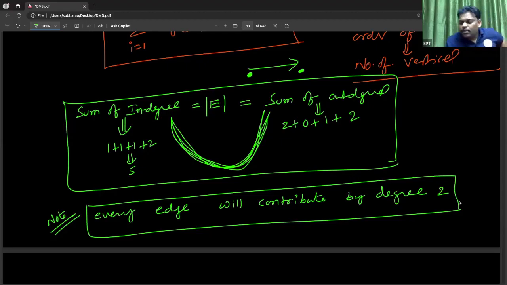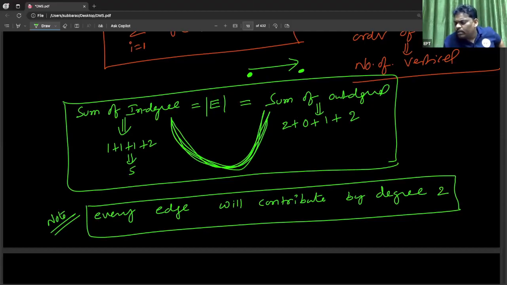Can I say like this: sum of degrees is 2 into e, so sum of degrees is always an even number? 2 into e means even number. Every time 2 is coming: if you take one edge, degree 2 coming; if you take one more edge, degree 2 coming.